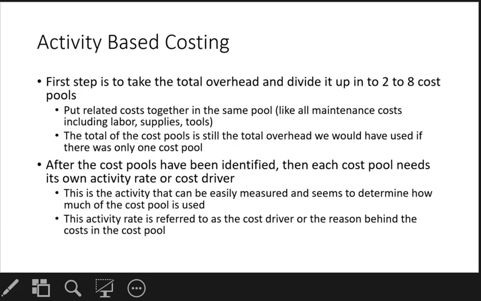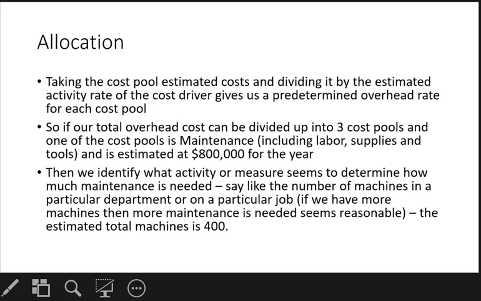For instance, there may be utilities that go in the maintenance cost pool, and there may be utilities that go into another cost pool, like the shipping and receiving cost pool. That's a difficult thing, but in our examples, most of that heavy lifting is already done. So what we're going to focus on is how to allocate those costs.